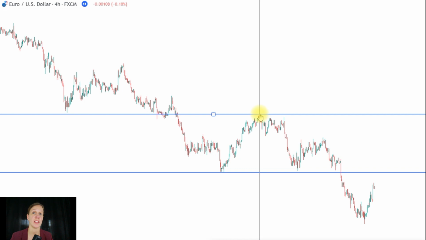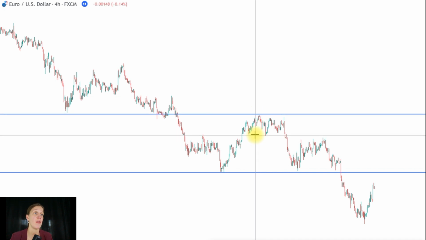So it is definitely a major area where the market is most likely to reverse from. So this area is giving us a high potential turning point. And in the 4-hour chart, we get a good risk-reward ratio if we try to catch the turning points.